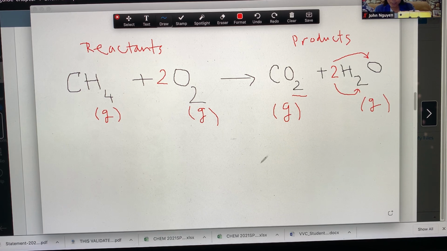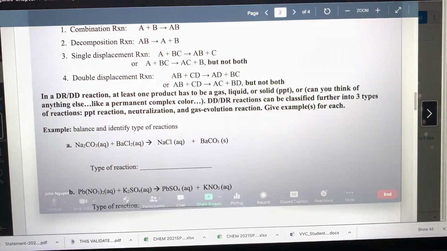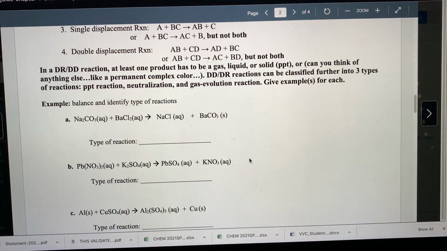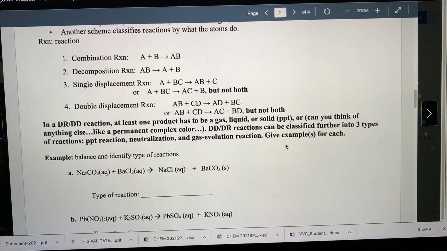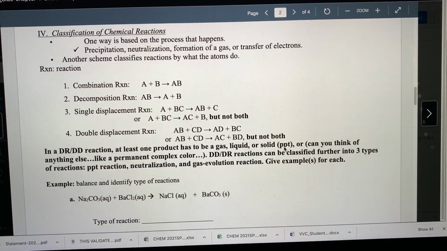And I do have a few practice ones for you to try, okay? So now I'm going back to the lecture right here. I have a few for you to try and also identify the type of reactions.